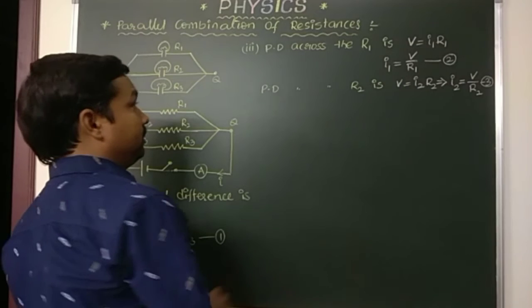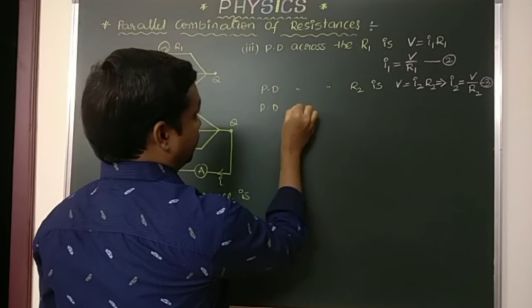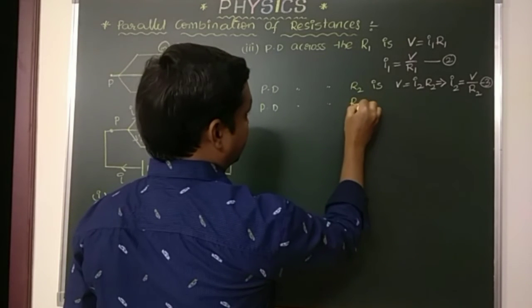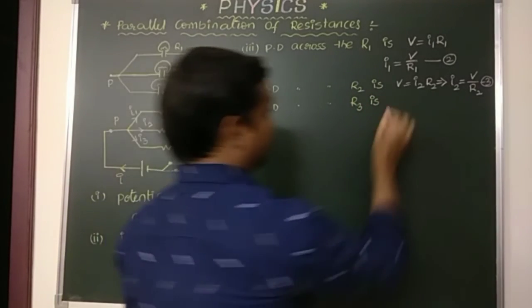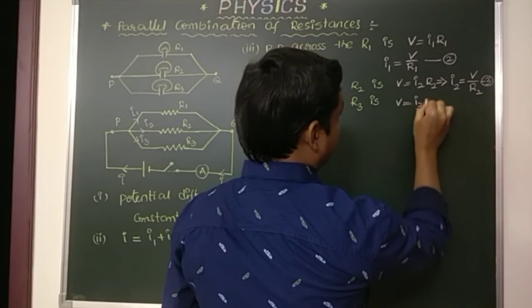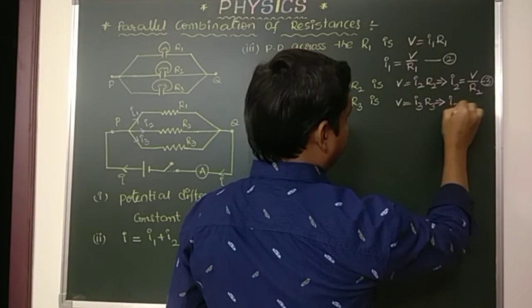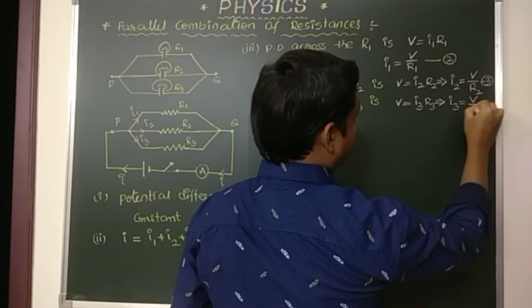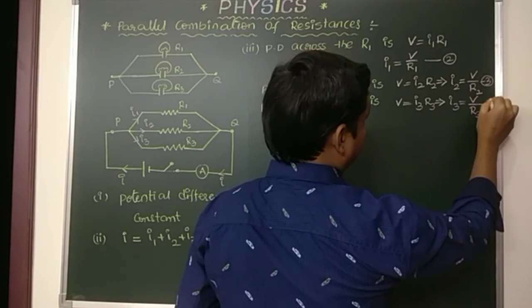Similarly, the potential drop across the resistance R3 is V is equal to I3 R3. From this you can write I3 is equal to V by R3, number 4.